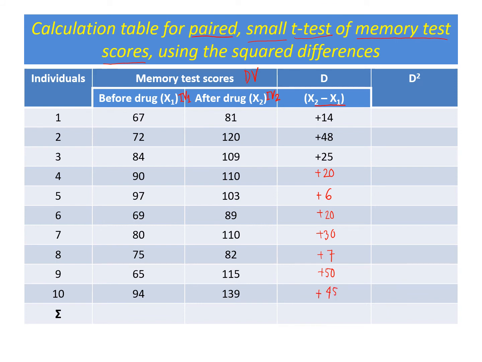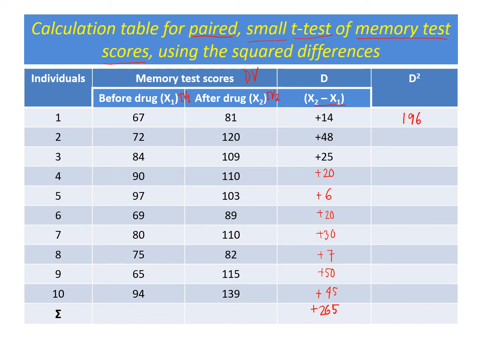So here we have to make a summation. See the summation sign I have given over here. We sum up the whole thing, and it will be plus 265, which is very important to remember. Then we have to write D square. Now, 14 squared is 196.